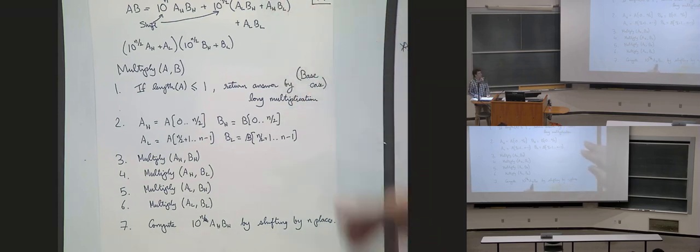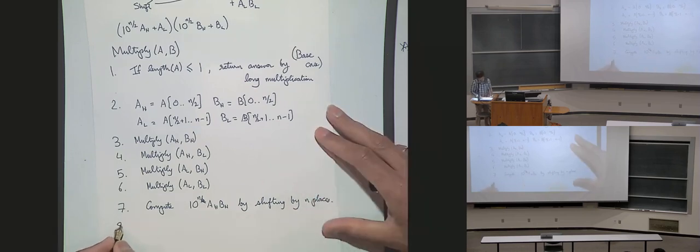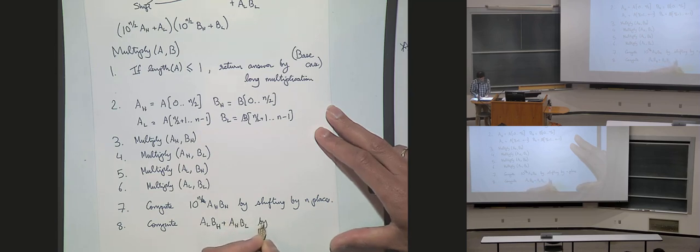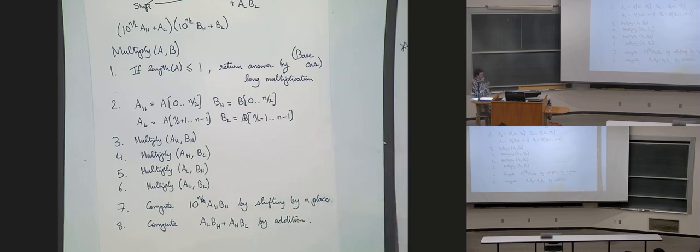So this means that once you have AH BH, you can just shift it, and then you have 10 to the n AH BH. Compute AL BH plus AH BL by addition. This is again something you know how to do in linear time. So all linear time steps I'm kind of treating as the merge.